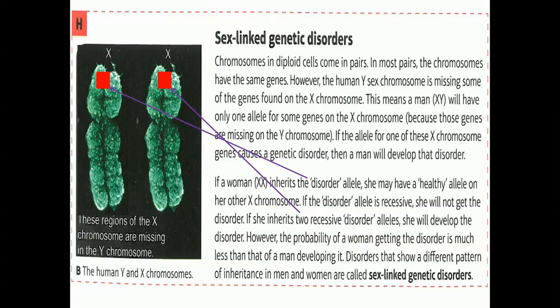However, the probability of inheriting 2 disorder alleles is less than the probability of inheriting 1 in males. So that means that there is a higher probability of males developing a disorder in their sex chromosome, and this is known as sex-linked genetic disorders.